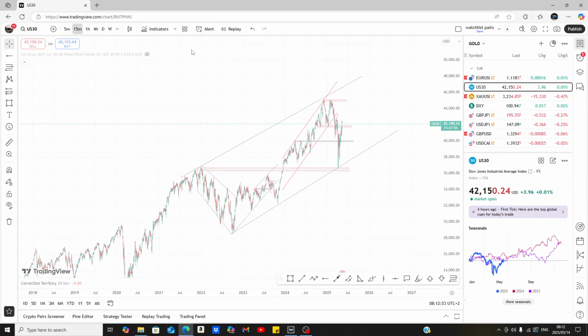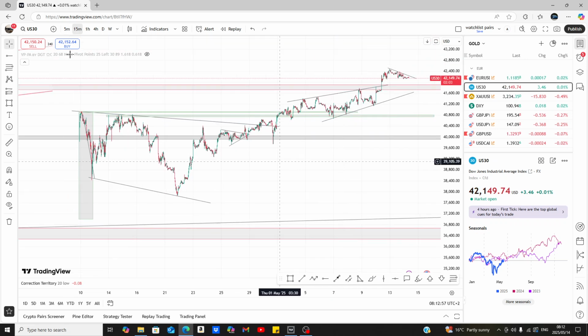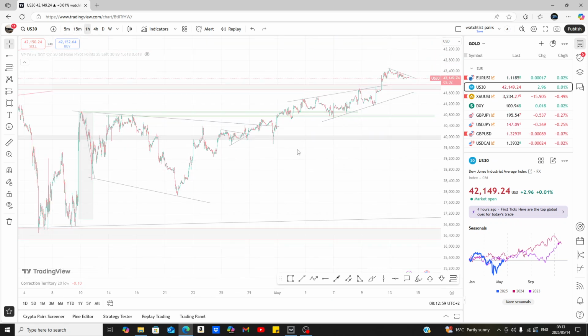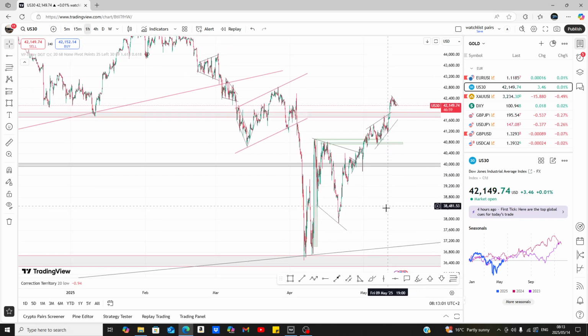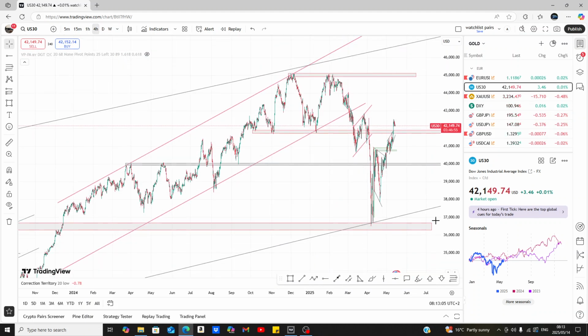So very possible that since price has broken into this previous sort of range, and when I say previous range, let's check the 4-hour chart. As you can see here, this is a previous ranging environment, right?